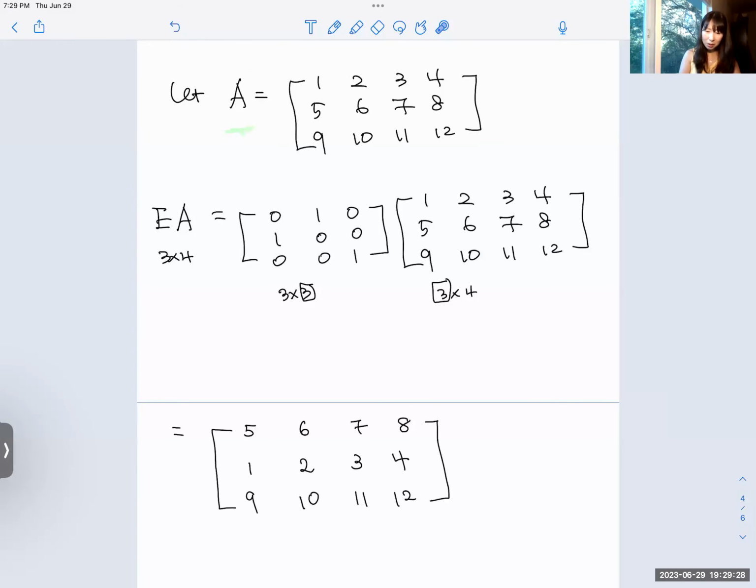All right. Let's take a look. Let's compare with this one. From A, what can we conclude? What can you see?